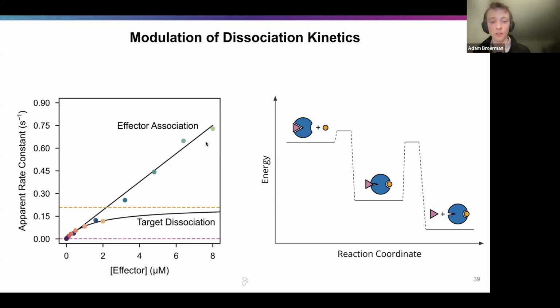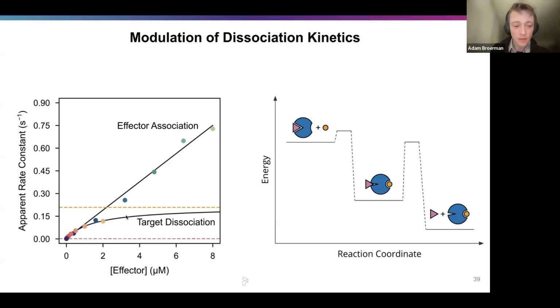It could get much faster and really showed no signs of slowing down. So the thinking was that we could probably modulate this and make the induced acceleration, or the fold acceleration, of target dissociation quite a bit higher if we were to change this energy landscape a little bit.